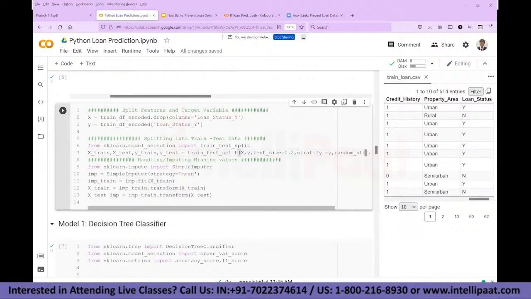Once you have done the split, you now need to look at the missing values. So how do I handle the missing values? Handling the missing values is basically called data imputation. All these missing values in your data need to be handled, and the procedure to handle them is called data imputation. Data imputation is a mathematical process, technically a combined statistical and linear algebra process.